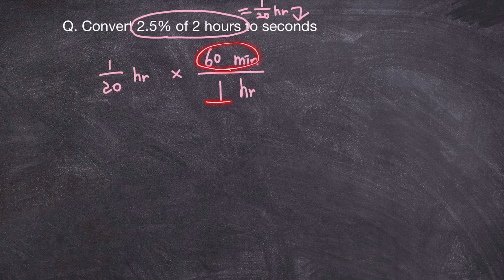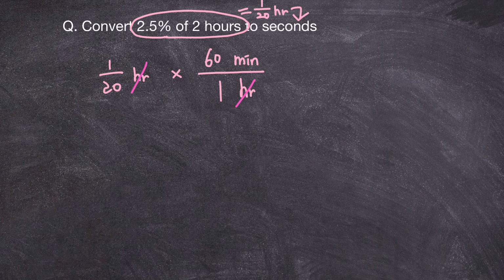So these two numbers are equal to each other, meaning this fraction is equal to 1. So I am multiplying 1, which means I am not changing the original value, but I am only changing the unit of the original value by multiplying this fraction. So there you go.